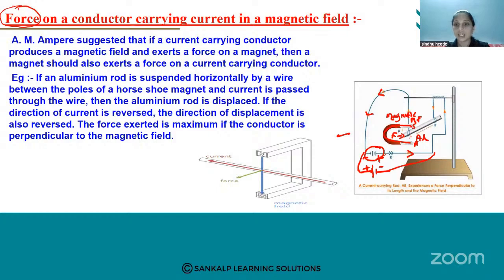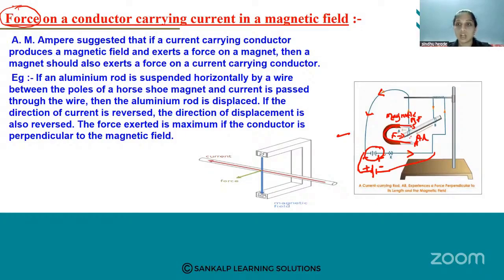When the current flows through the aluminum rod, this rod acts as a conductor, and the magnetic field is generated, and with that field, this aluminum rod shows some deflection or displacement.